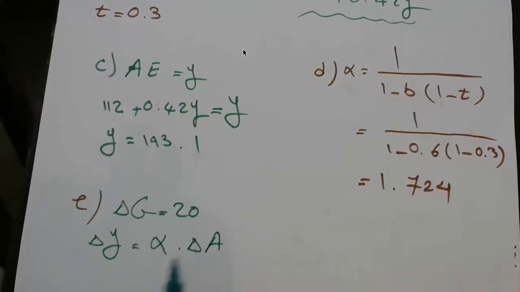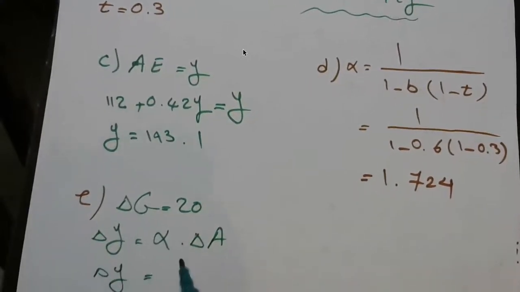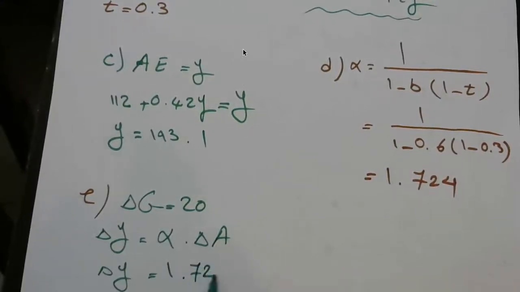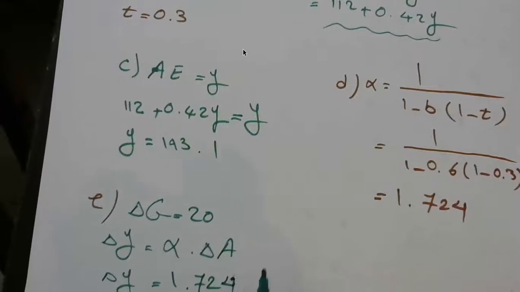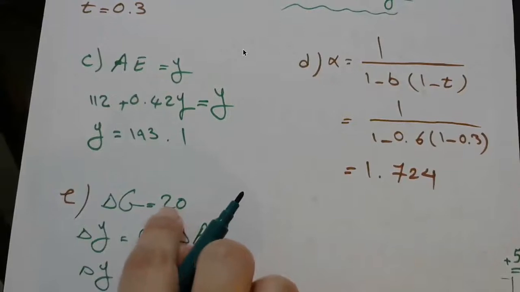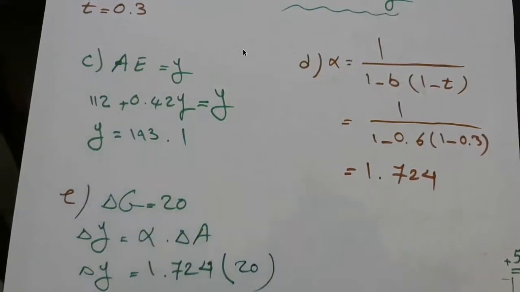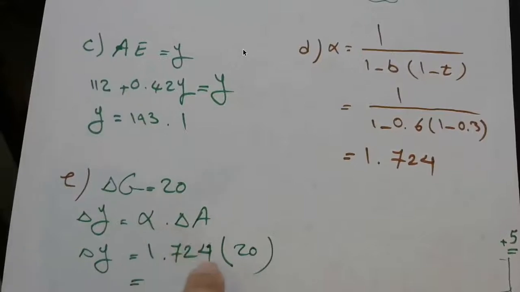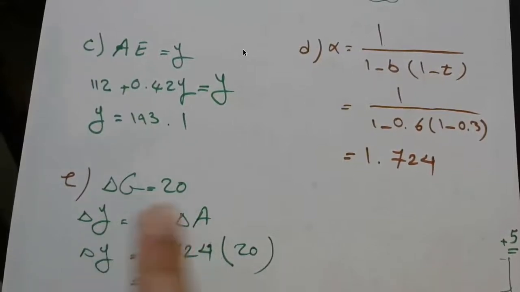So again, change in income is equal to, we have calculated this number, 1.724. And then we multiply it by the amount of the change in autonomous expenditure, which is equal to 20. So we substitute. Once we substitute, the total change in income will be 34.48.